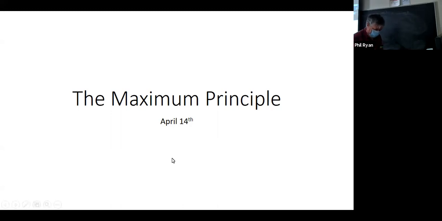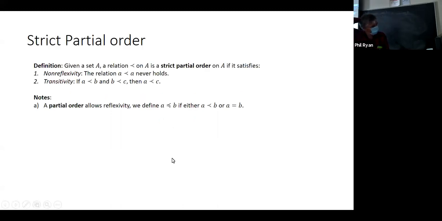Okay, so let's talk about the maximum principle. I don't know, have we talked about strict partial orders before? We've talked about simple orders, haven't we?